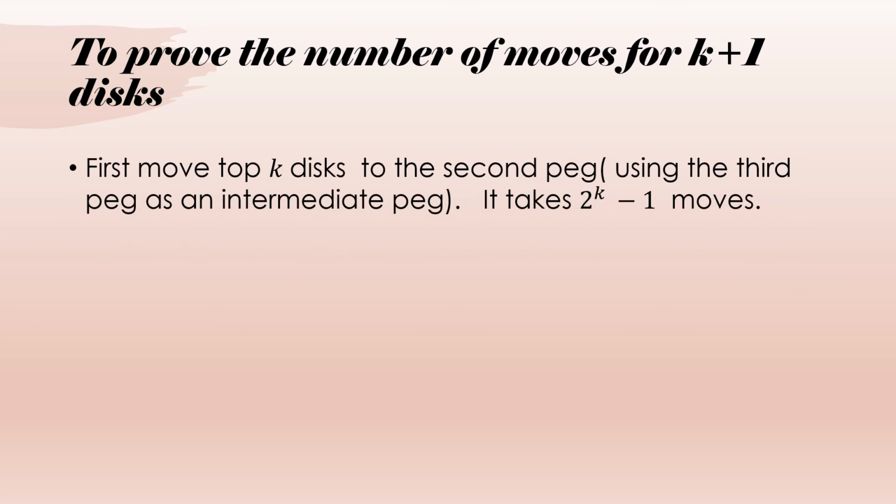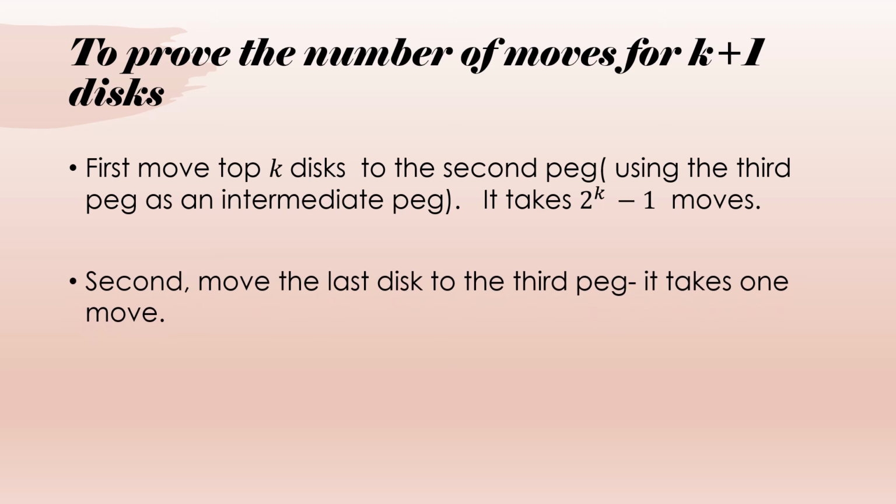let us first move the top k discs to the second peg using the third peg as an intermediate peg. Since we are moving the k discs to the second peg using the third as the intermediate, it will take 2 raised to k minus 1 moves, because that is the hypothesis we have taken. Now after moving this, let us move the last disc to the third peg.